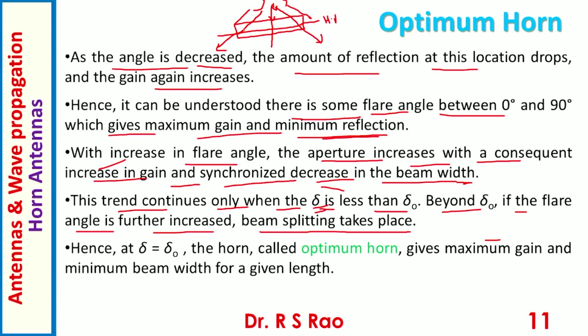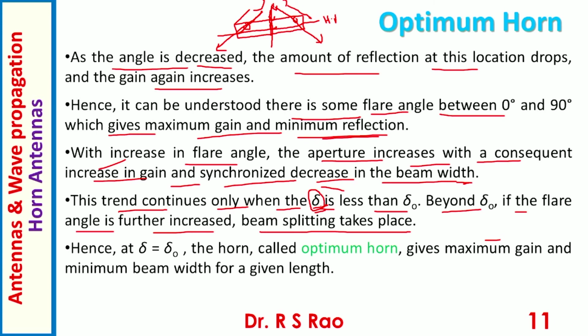These two parts of the wave, one traveling touching the side walls and the other traveling in the middle, when they reach the aperture, must have traveled different distances because this distance is not the same as this distance. So there comes into being a certain path difference between the part of the wave that is in the middle and the part of the wave that is at the edges. That path difference is indicated by delta.